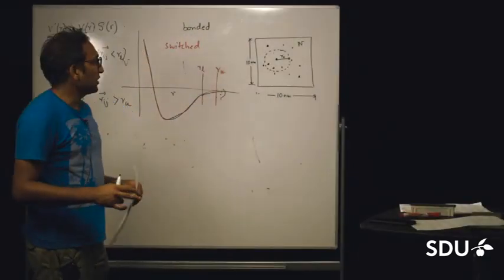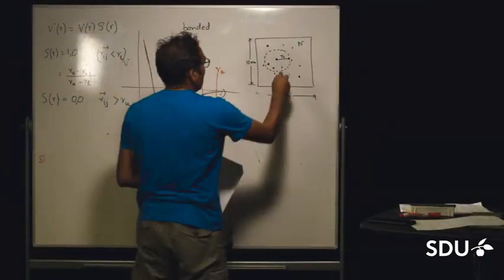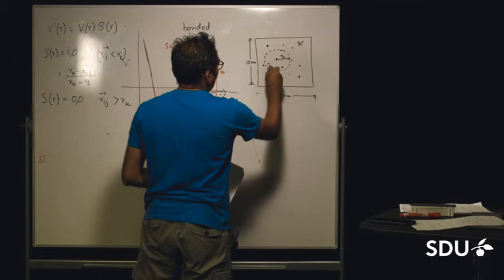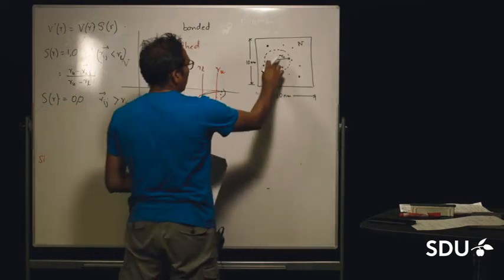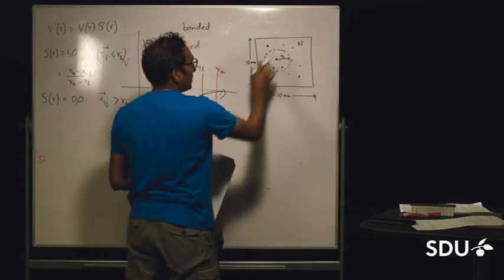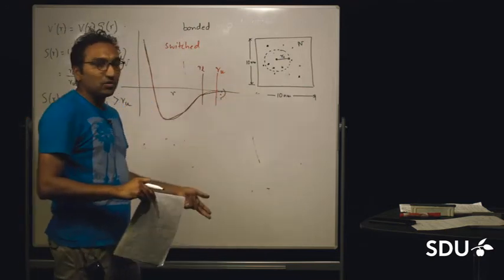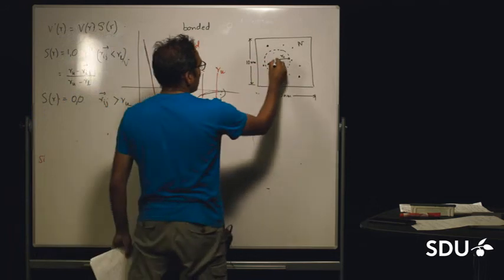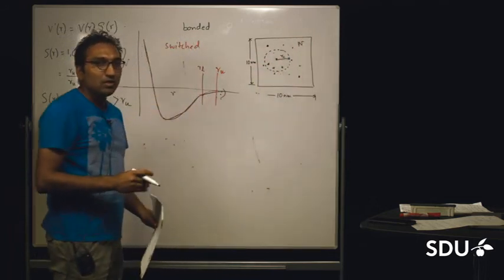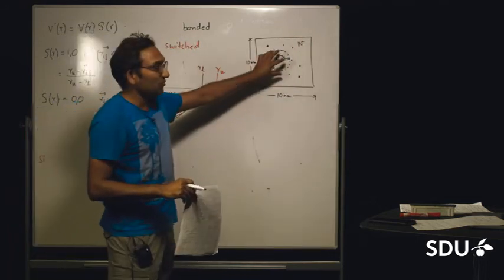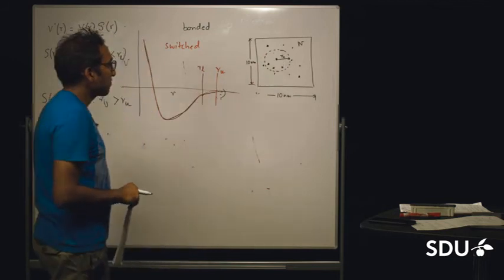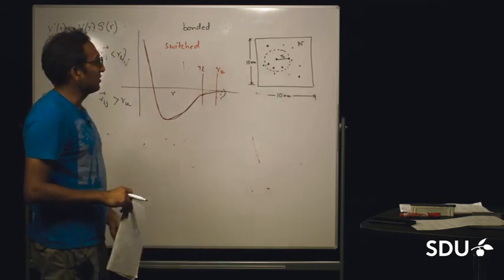So, now we have worked out a scheme where we decide that at each time step we will calculate interactions of this particle only with all other particles within a certain cutoff radius. But in order to do this, at every time step we have to calculate the distances of this particle with all the other particles to figure out which particles lie within this cutoff distance. This may not be necessary.